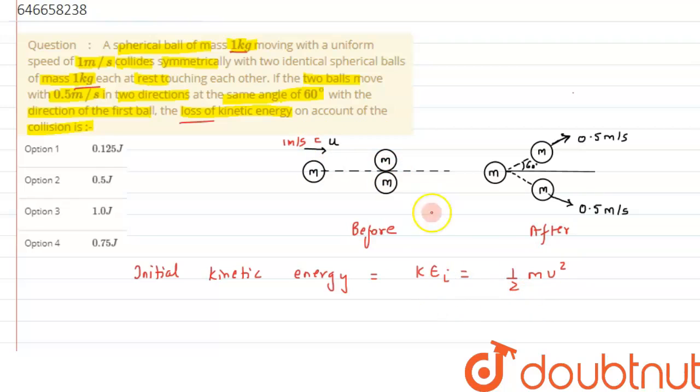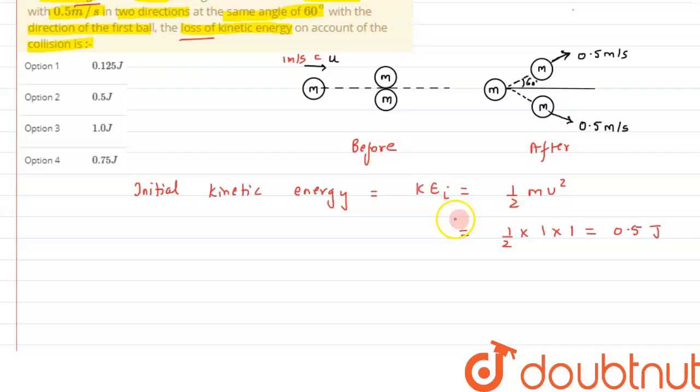Substituting u as 1 meter per second, the result comes out to be 0.5 joules. This is the initial kinetic energy we have calculated.